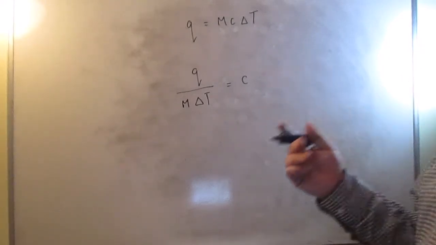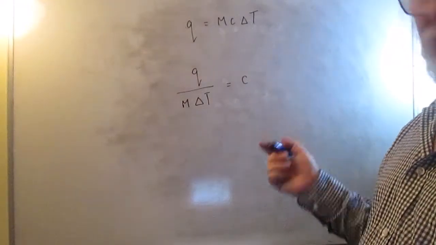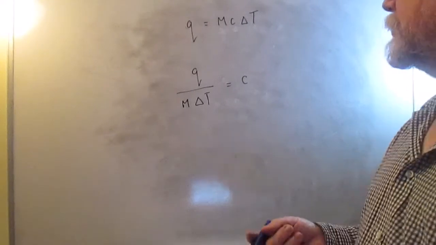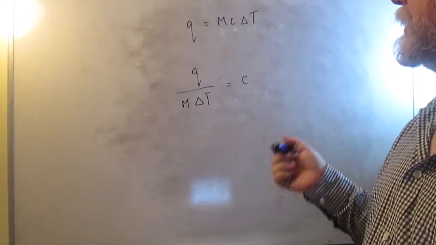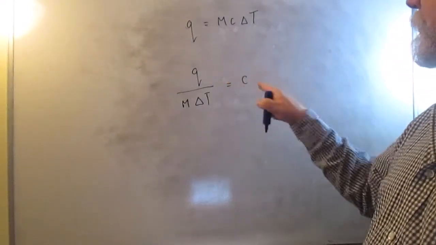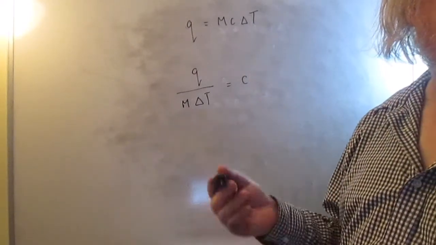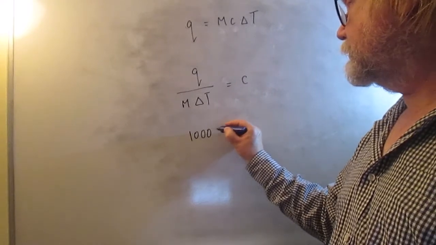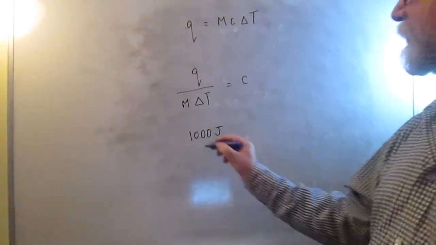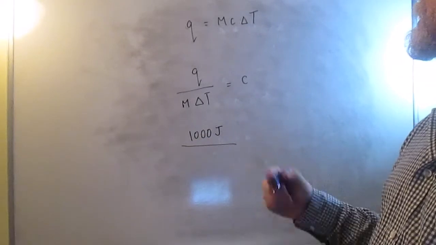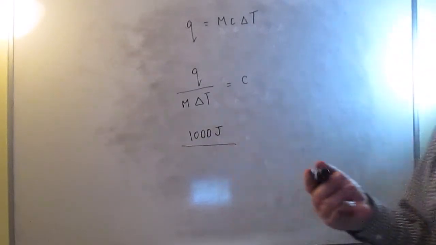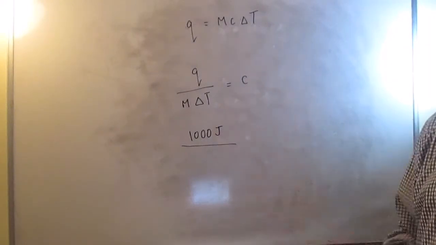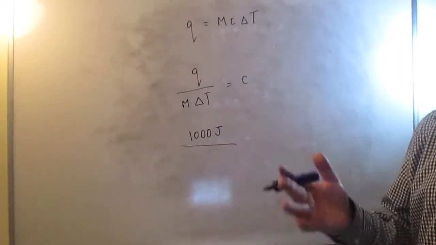So Q is the heat transferred. Now it gives us that number in kilojoules, so it's 1.0 kilojoules, but remember it needs to be in joules to make it compatible with the units of C, which are in joules per gram per Kelvin. So that's 1,000 joules, which is the same as 1 kilojoule. M is the mass of the tin, and it tells us we've got 1 mole of it, so the mass will be the AR, that number of grams.